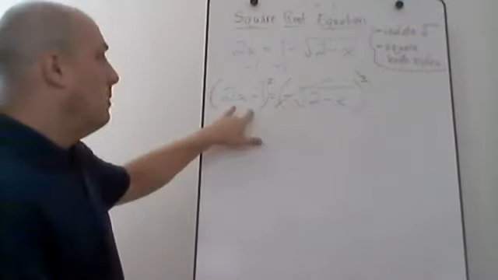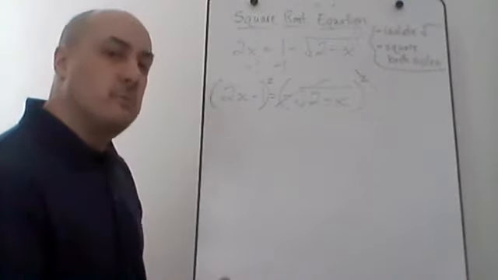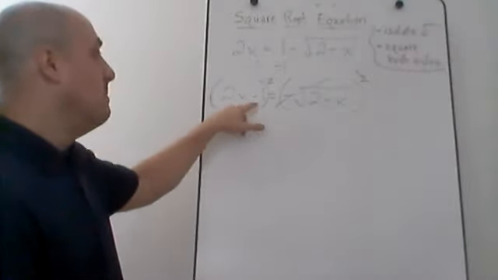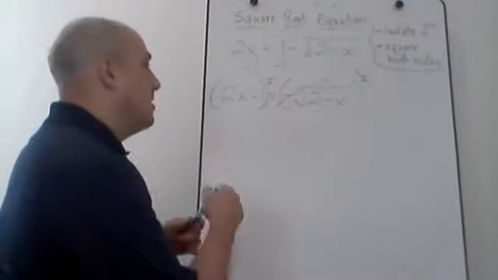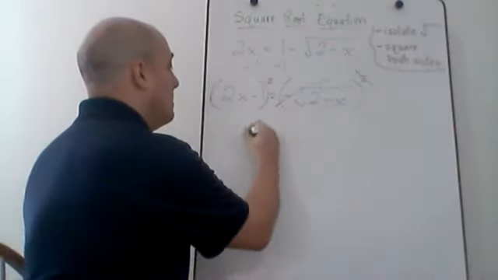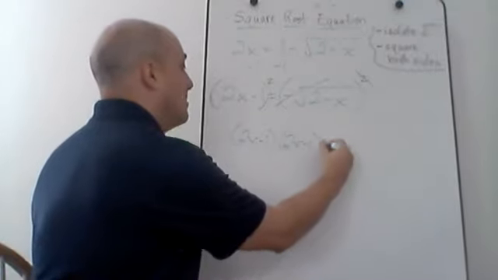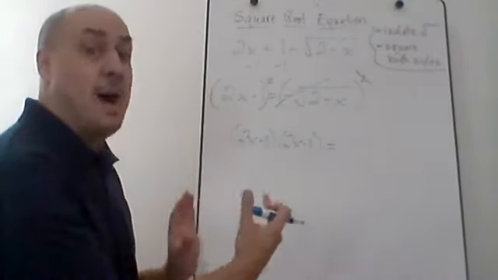Right, now, this side of the equation, this 2x minus 1 squared, we have to multiply that out. Remember, something in parentheses with a plus or a minus in it being squared, we don't just square the 2x and square the minus 1. Right, 2x minus 1 squared means that we have 2x minus 1 multiplied by another 2x minus 1. Right, that's what it means to square that binomial, right?